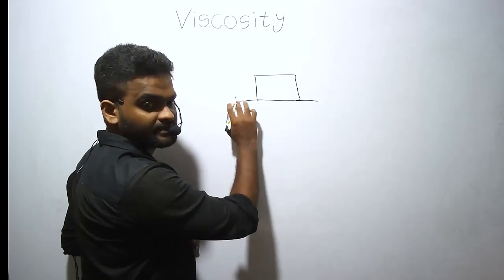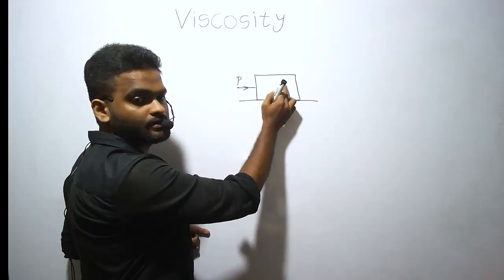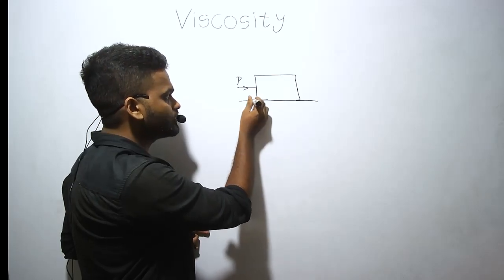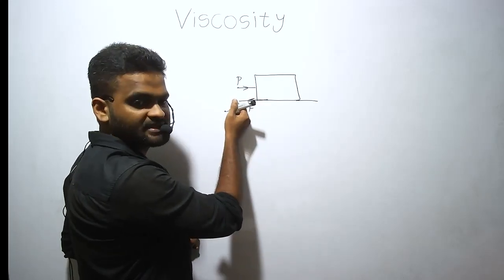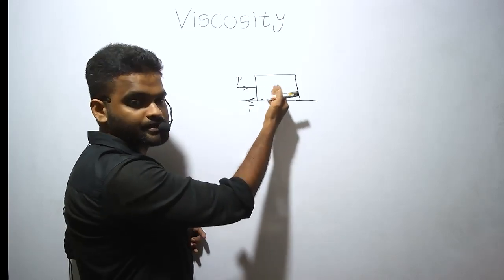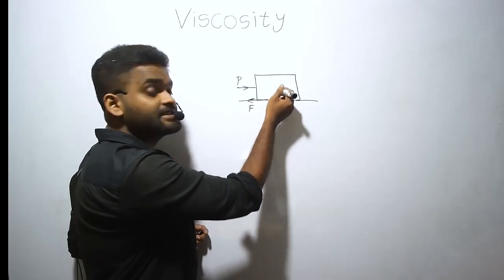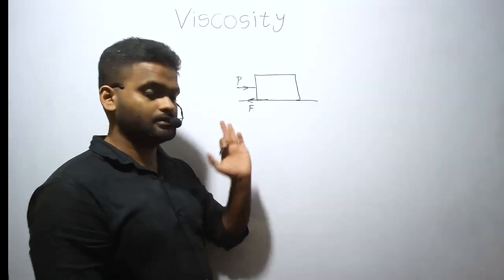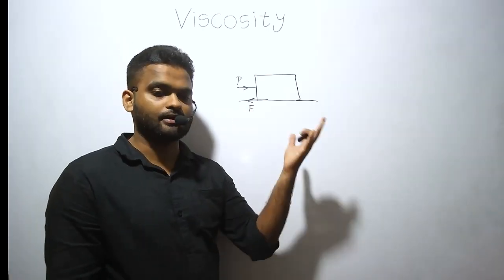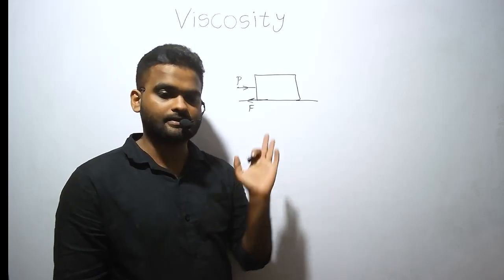Let's say this is the surface, and if you try to move this object, a friction occurs to the other side, opposite side. Friction always opposes the motion. So this is between solid surfaces. Okay, that is F equals mu R. You can apply mu R, but that is only for solid surfaces.